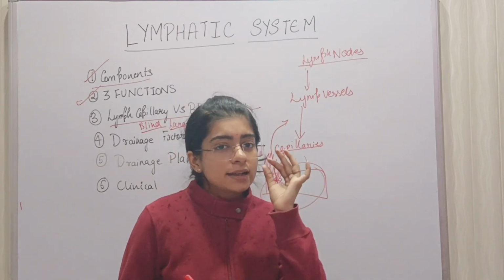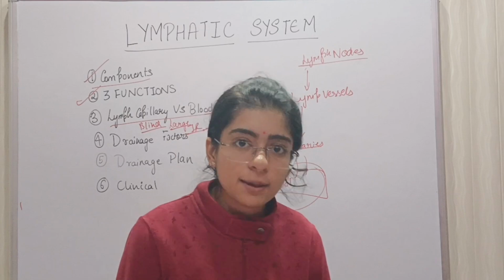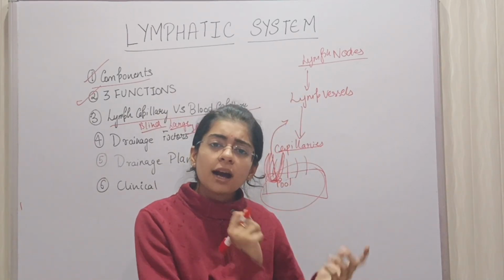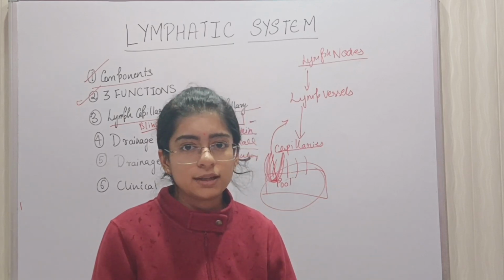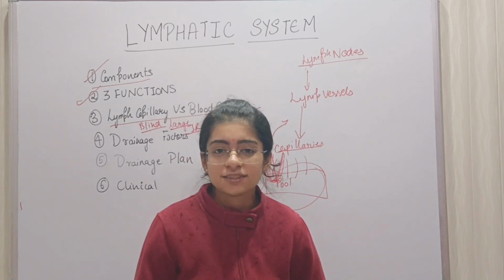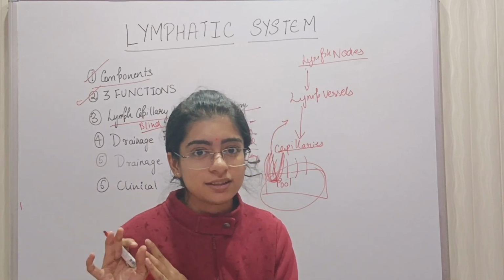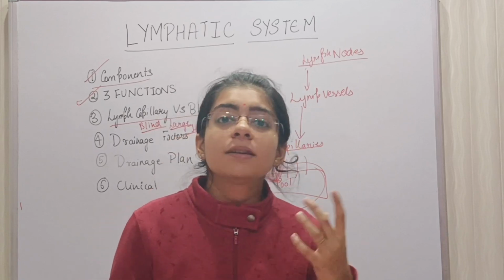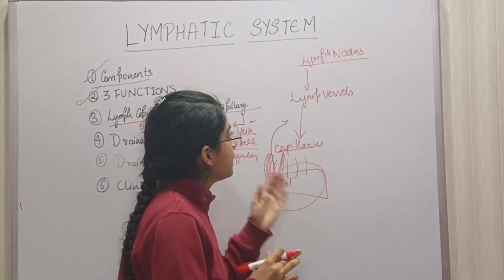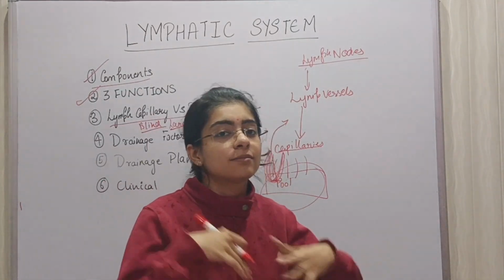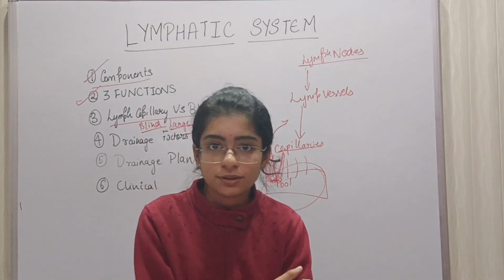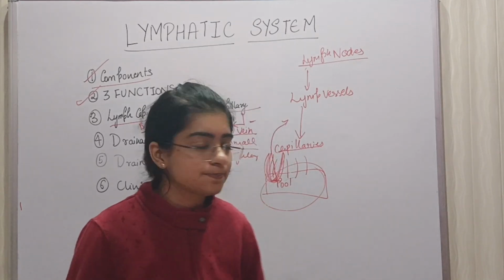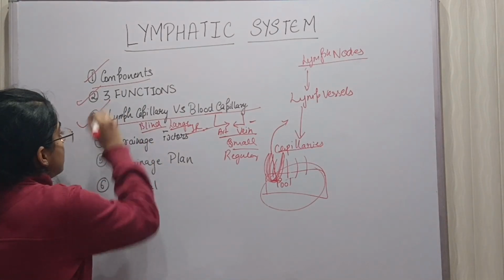But in the gut we have blood capillaries and lymph capillaries both. If blood capillaries are able to extract all the nutrients, then why do we need lymph capillaries? For fat, right? Fat molecules are bigger. So lymph capillaries are specialized because they are permeable to bigger molecules, but blood capillaries can't pick up the bigger molecules. So here we are done with the third point.